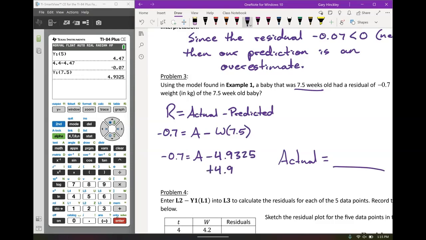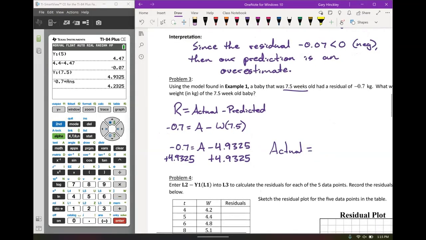Add it over. I want to add that over to here. So I have negative 0.7 plus the value that we got. So our actual value should be 4.2325 kilograms.